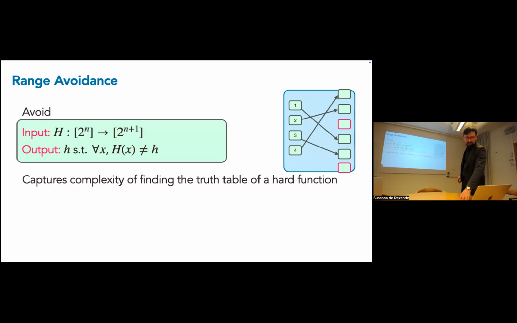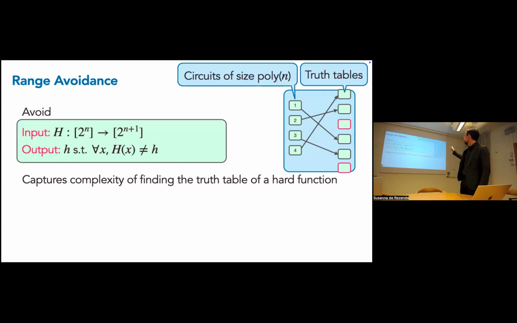This kind of captures the complexity of finding the truth table of a hard function. You can think of the pigeons as being circuits of, say, polynomial size or some fixed size S, and the holes as being truth tables.